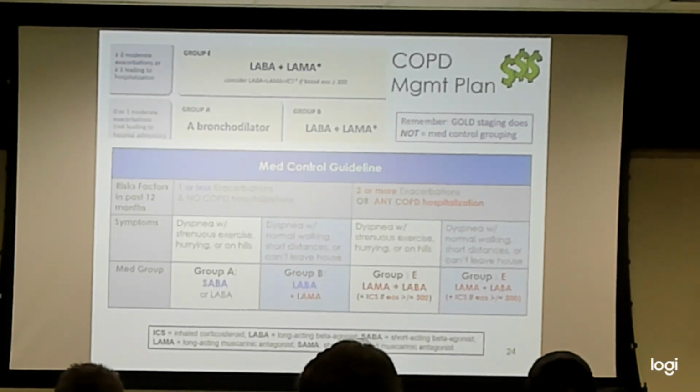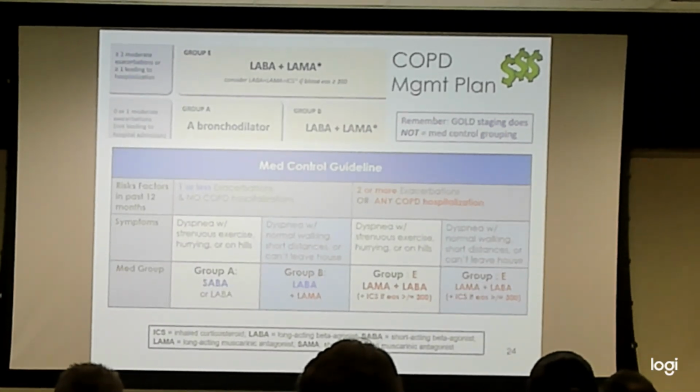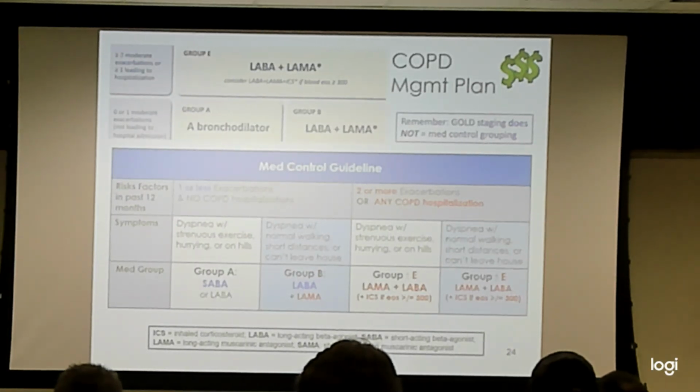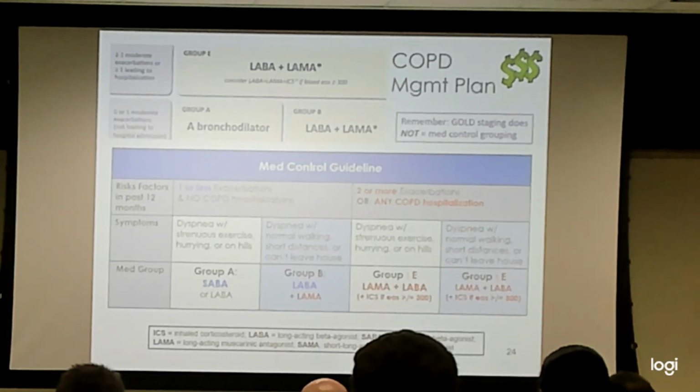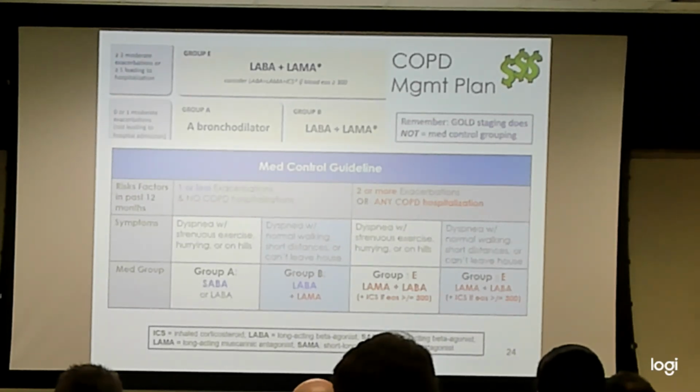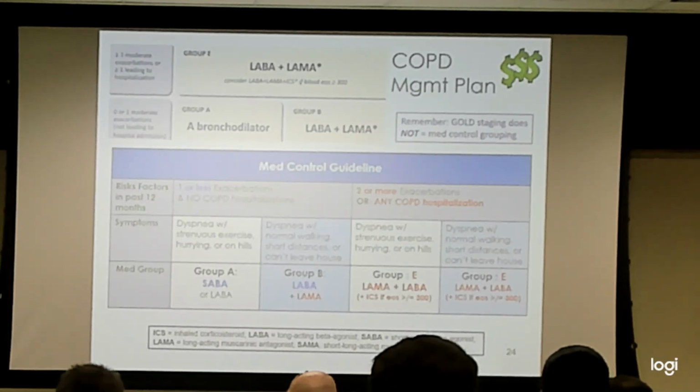And really what I did is, on the bottom slide, I took the old guidelines and just put in where things were different. So instead of group D and C and D, now it's just group E. And now instead of LABA or LAMA, when we get to group B, which is where you're just starting to notice that when you do normal ADLs that you've been used to doing without any dyspnea, now you're starting to get that more with just normal walking.